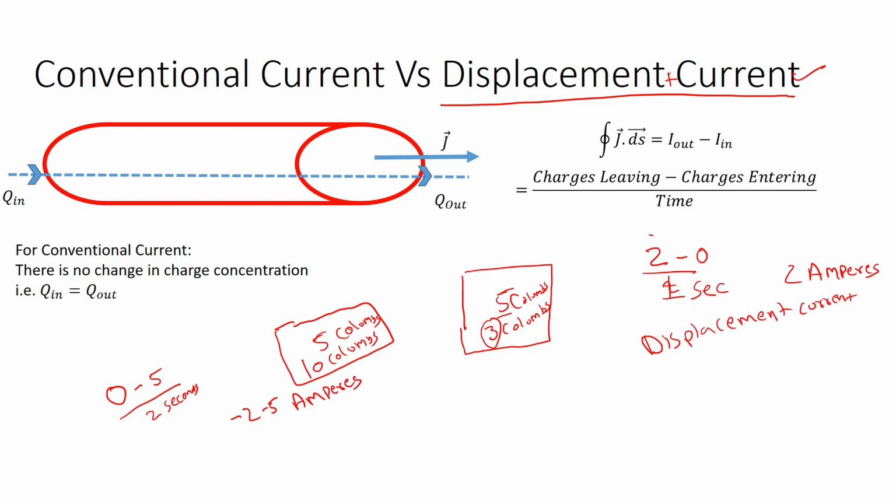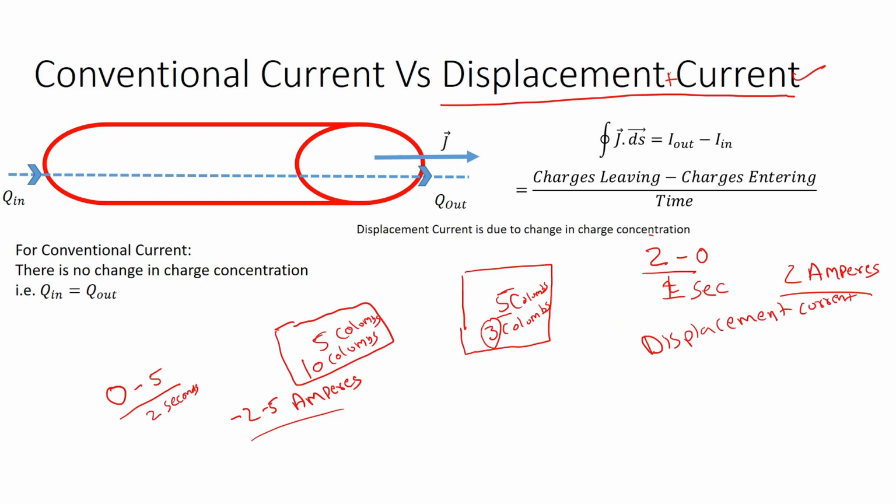These currents which we are talking about are not because of some electromotive force. They are not because of some potential difference. These are not conventional currents. These are currents because there is a change in the charge concentration.